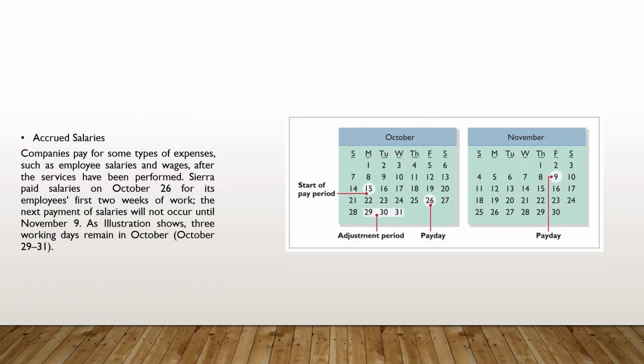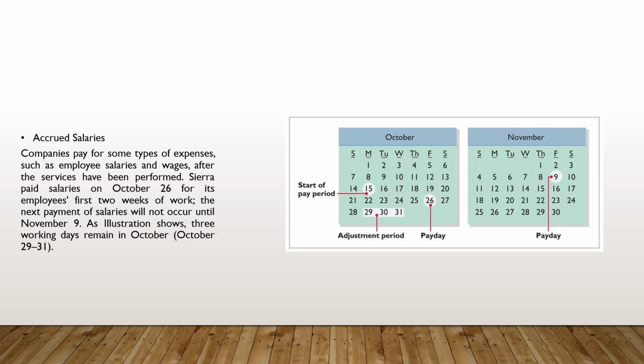So right here is accrued salary. Okay, so a company pays for some types of expense, such as employee salaries and wages, after the services have been performed. Sierra pays salaries on October 26th for its employees for 2 weeks of work.